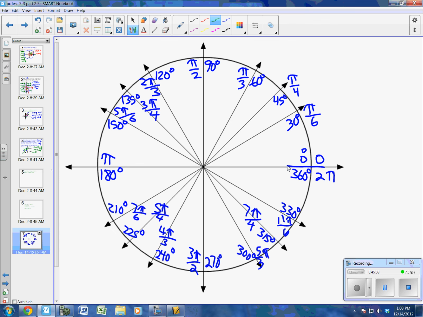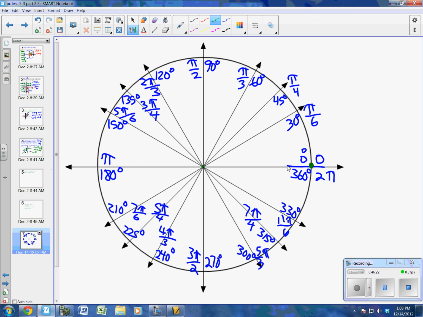First of all, the coordinates should be easy. This is a unit circle. The coordinates are where the unit circle intersects the terminal side of the angle, okay? So at a 0-degree angle, what is the x-distance? How far is it from the origin to there? 1.